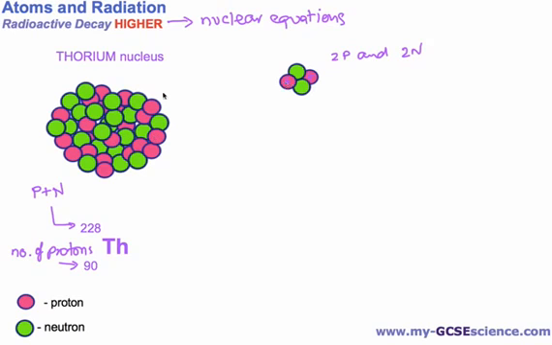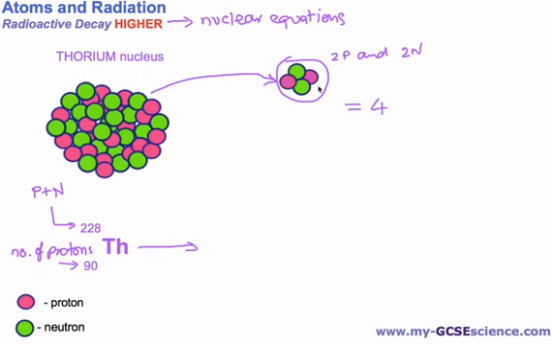Now if that has been ejected from the nucleus, that means the number of protons plus neutrons must change and the number of protons must change, because we've lost 2 protons and we've lost 2 neutrons as well. So how does it change? Well, if the mass number is protons plus neutrons, here I've got protons plus neutrons equals 4.